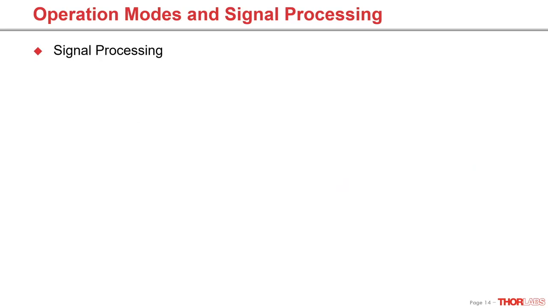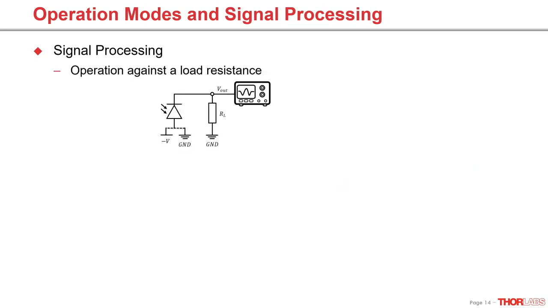To get a voltage signal from a photodiode, a simple method is just connecting a load resistance. The output voltage can be easily calculated from the photocurrent flowing through the resistor.